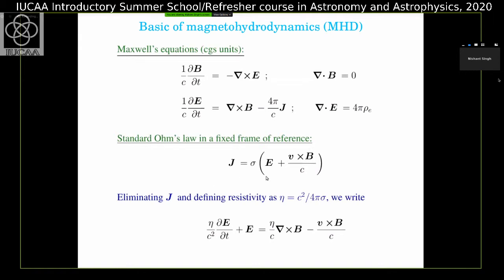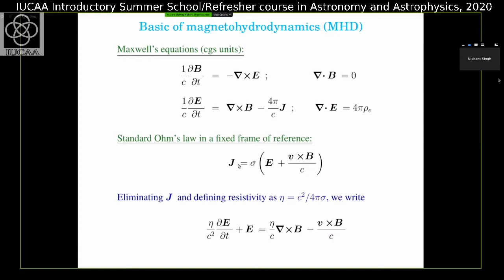You can already see that if you take a large conductivity sigma and take it to the other side, J by sigma can go to 0 for a high conductivity plasma. So the electric field is of the order of v by c times B. So it's already a small v by c factor. We are dealing with cases where the velocity field is much, much smaller than the speed of light. This c is the speed of light.